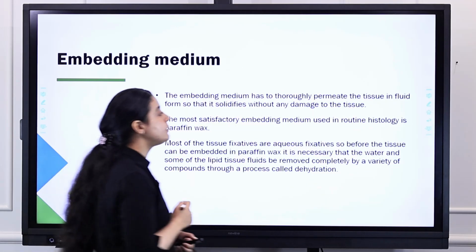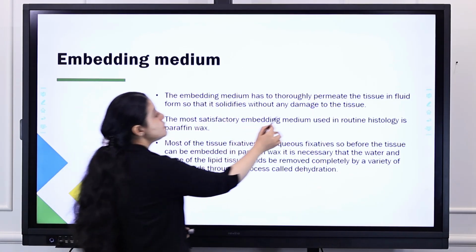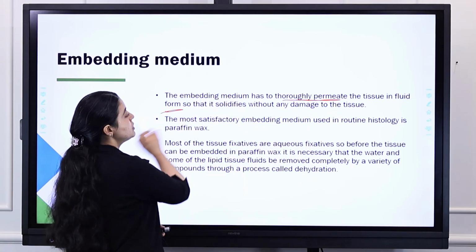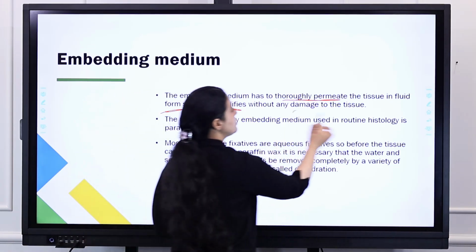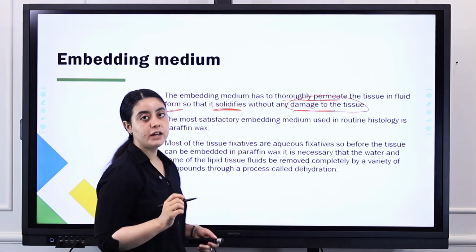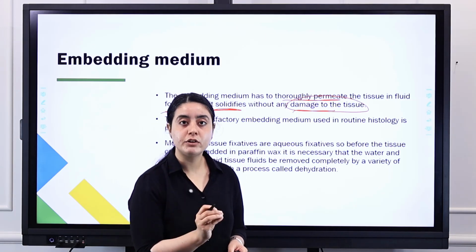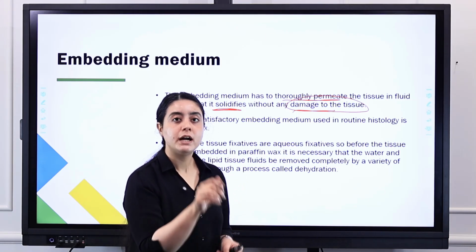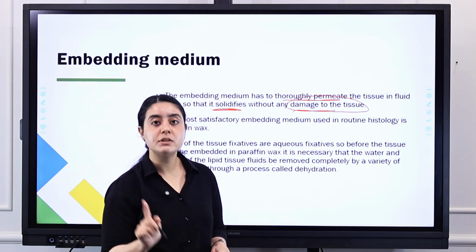So embedding medium. Now what is embedding medium? The embedding medium has to thoroughly permeate the tissue in fluid form so that it solidifies without any damage to the tissue, right? First we have to take this embedding medium in liquid form, so that we immerse our tissue in it and it fills those empty spaces, in order not to damage the tissue.